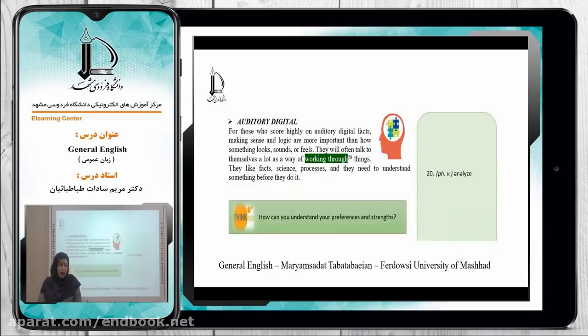And finally, auditory digitals. So, auditory digitals like facts, making sense, and logic. It says facts, making sense, and logic are more important than how something looks, sounds, or feels.